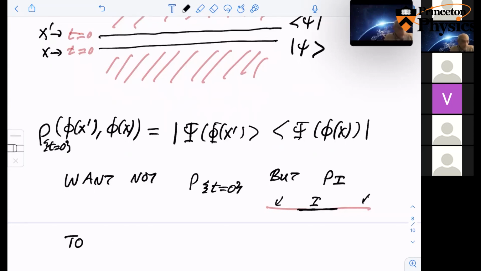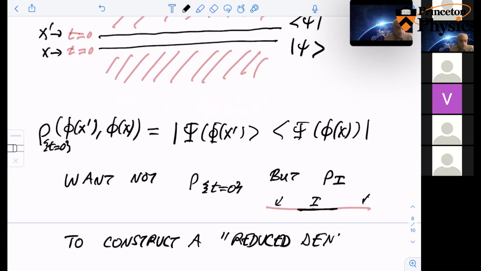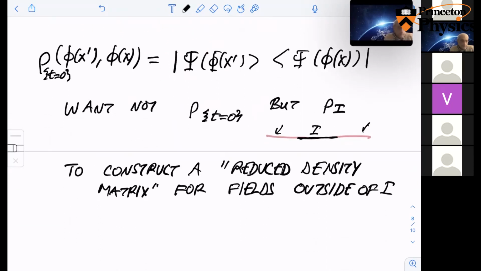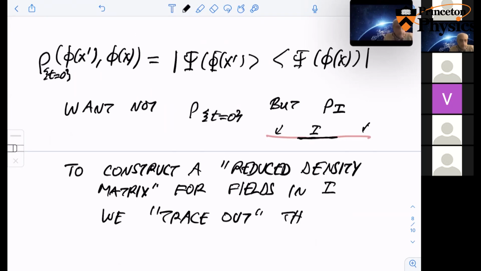So to construct a reduced density matrix for the fields in I, we trace out the fields outside of I.